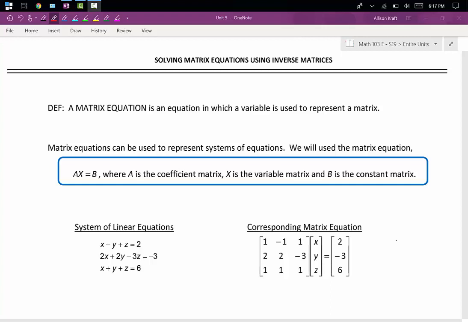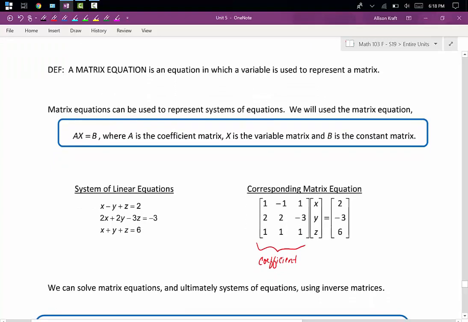So we have a system of linear equations here and then the corresponding matrix equation. The first matrix, this is our matrix A, is the coefficient matrix. Basically, it's the left side of an augmented matrix.